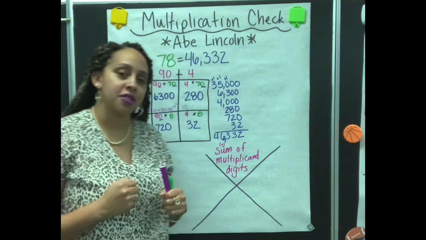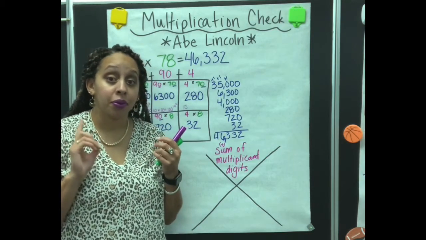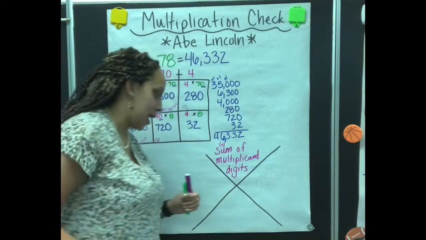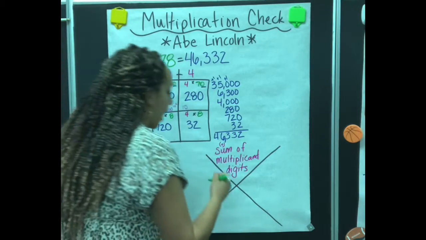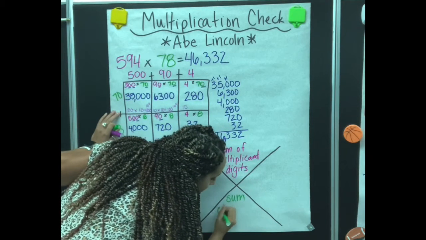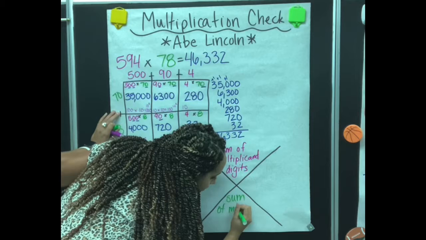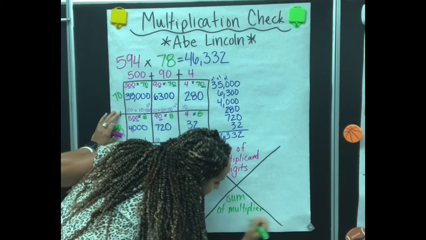And what are digits? There's 0 through 9, right? On the bottom, you are going to have the sum of the multiplier digits.